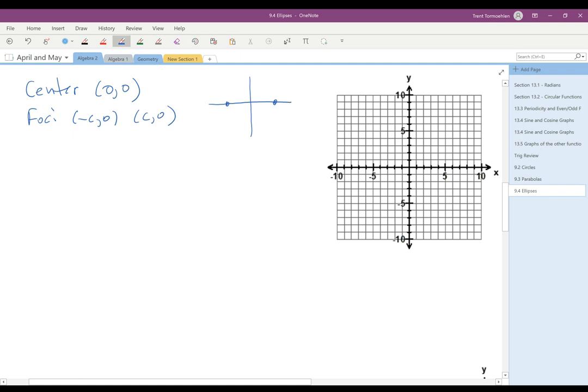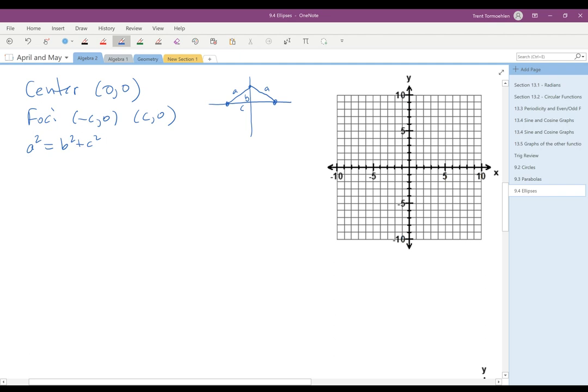And so if you remember on the geometric definition, we said that the distance from those two points to any single point was 2a. And so that means this distance right here is going to be a, and this is going to be c. And then it turns out we can put a b in here, and so we get this Pythagorean theorem, which is a squared equals b squared plus c squared.